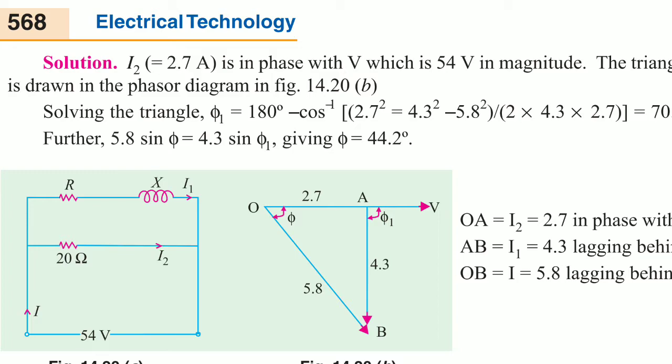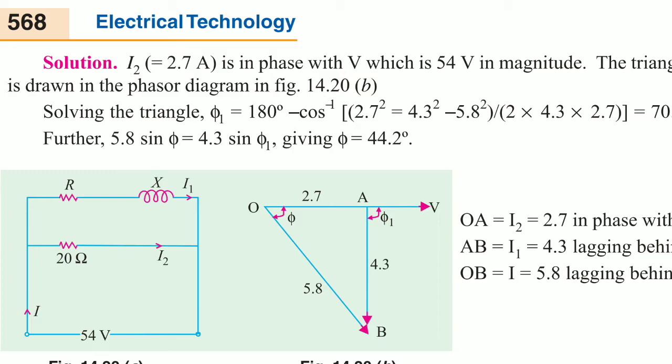So that is the formula. So what is cos theta here? Cos theta is equal to the resultant current square minus I1 square minus I2 square, divided by 2 I1 I2. That is the formula. So note that formula.